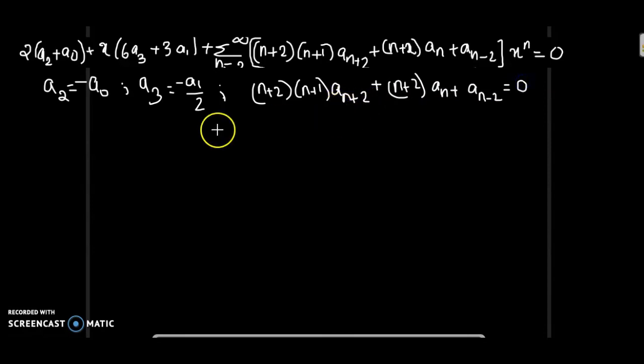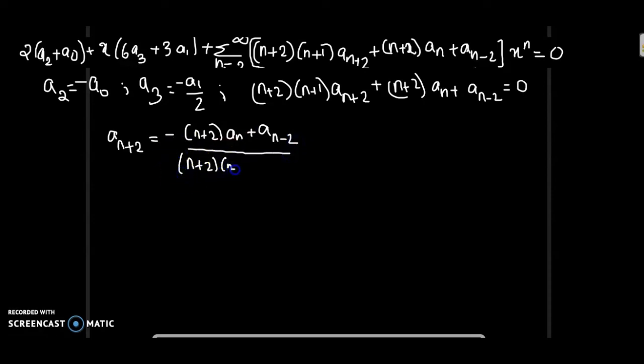Here we are going to find what a n plus 2 is. A n plus 2 is equal to minus of n plus 2 into a n plus a n minus 2, whole divided by n plus 2 into n plus 1. Okay, this is my a n plus 2.